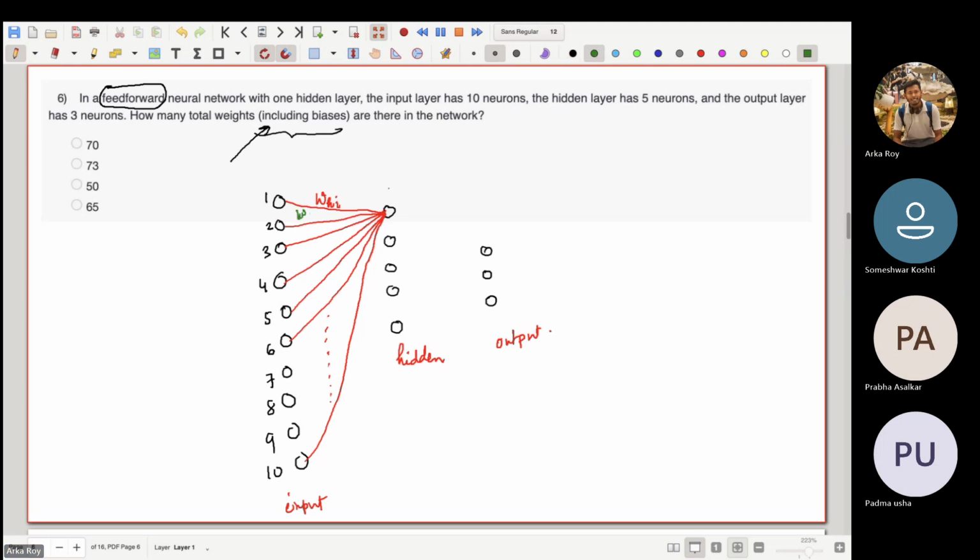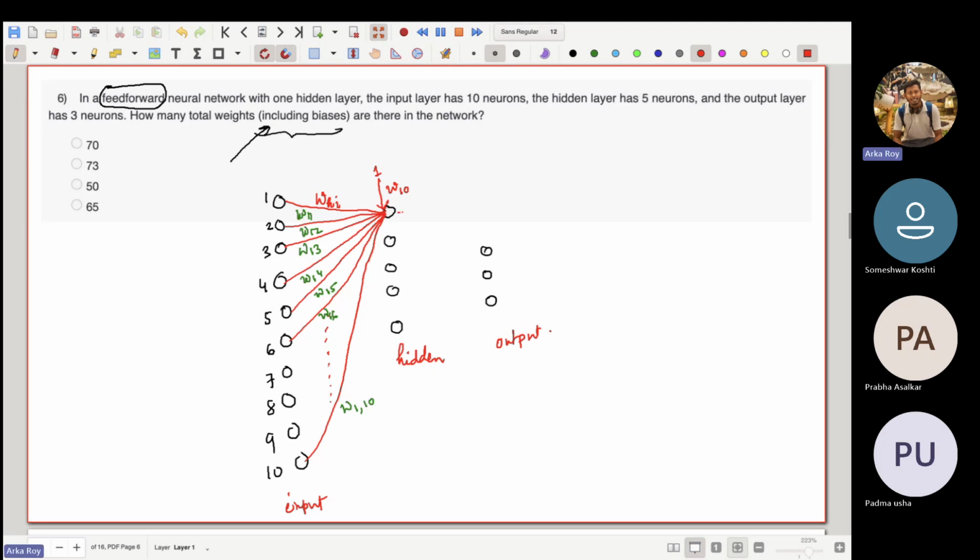I can also specifically write it as W11, W12, W13, W14, W15, W16, and W1,10. And at the same time, because they have told you to include the bias as well, you have a bias term as well, which is W1 naught.